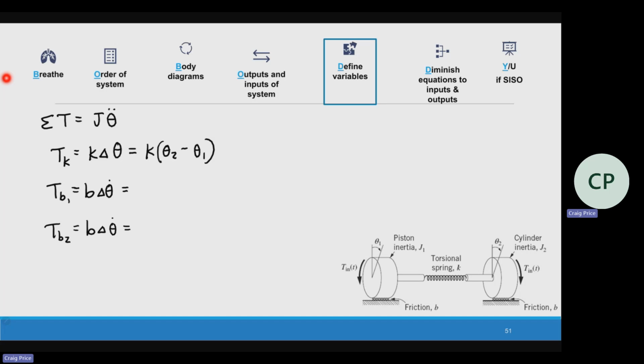All it's seeing for TB1 is just this rotation with respect to a wall. And so there's actually no delta. This would just be theta 1 dot minus 0. So that's B theta 1 dot. And likewise, TB2 is going to be B theta 2 dot. So it is just seeing the velocity of that object. The only thing that is tied between the two is the spring. Now, if I had a damper in between the two, that's where we would use the delta theta.